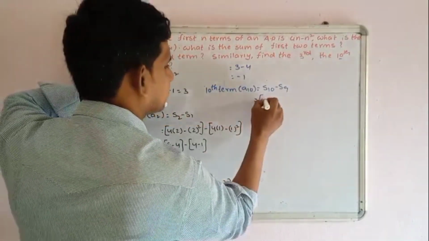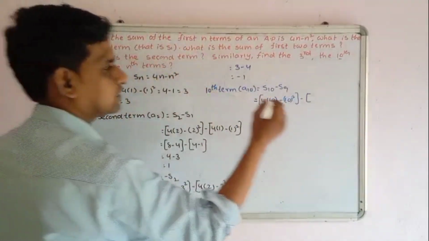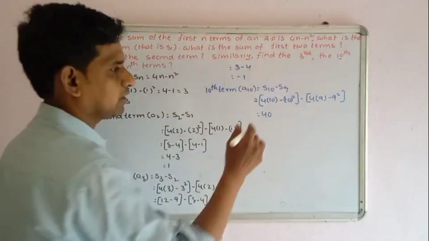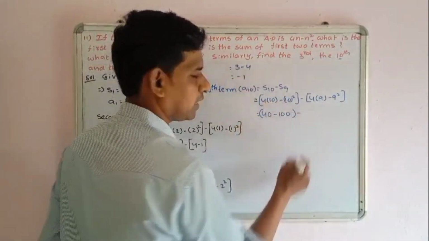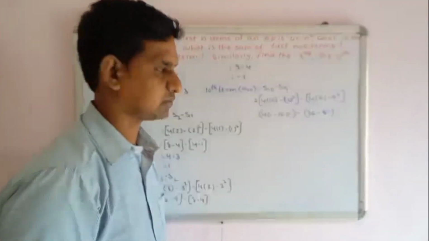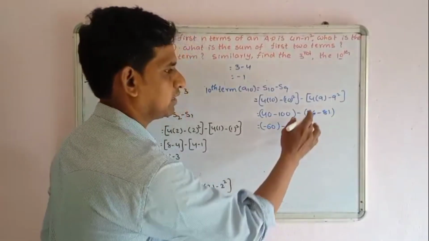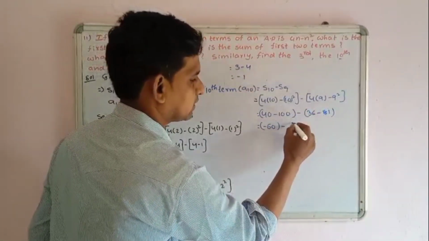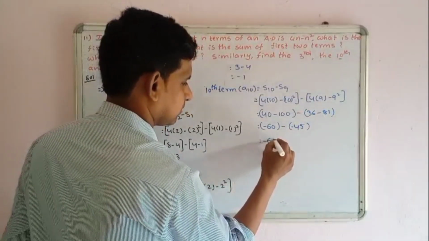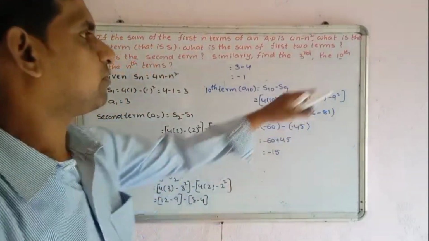So 4 × 10 − 10², minus S9, which is 4 × 9 − 9². 4 tens are 40, 10 square is 100, minus 4 nines are 36, minus 9 square is 81. 40 − 100 is −60, minus 36 minus 81 is −45. So −60 − (−45), minus or minus is plus 45, that is −15.